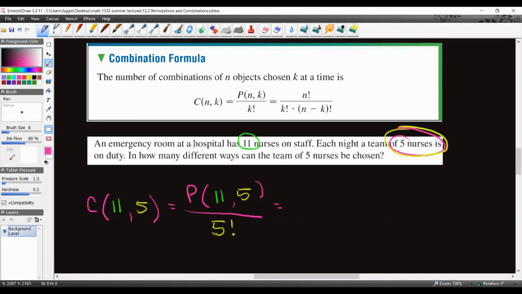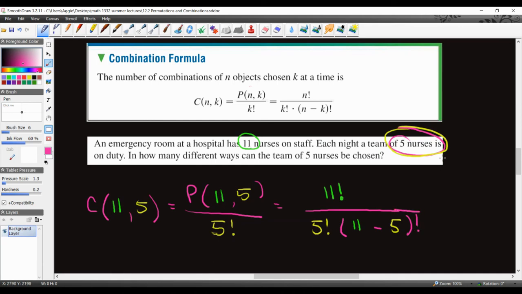It's going to be n factorial, so 11 factorial, divided by k factorial, so 5 factorial, times n minus k, so 11 minus 5, and then factorial.